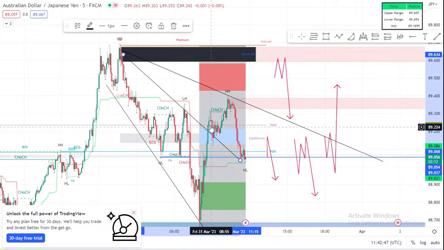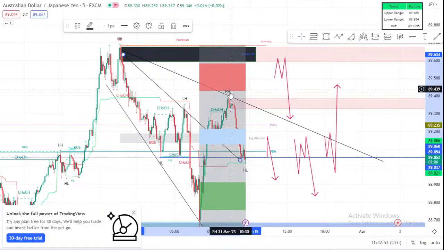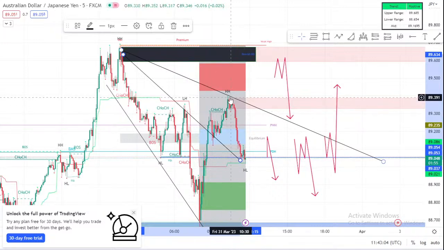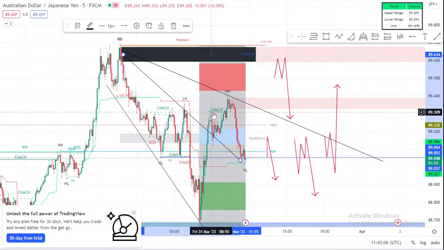And then we noticed that after breaking out of this line here, it came back, retested this zone, and there was a push to this level, creating a higher high. You can see this difference over here. The height of the previous lower high is higher than the previous zone.